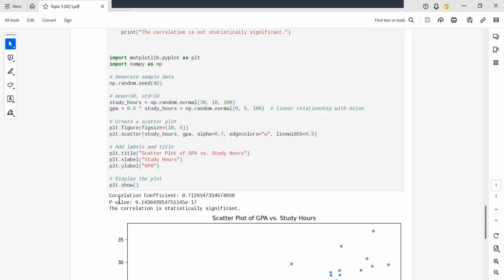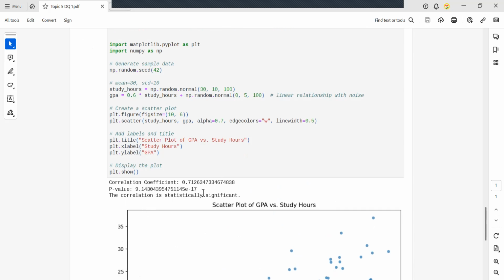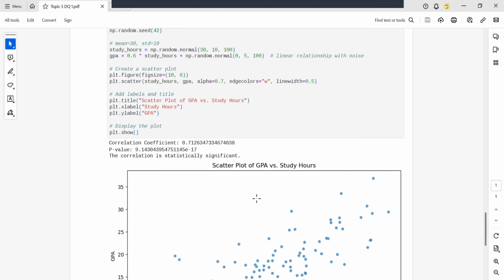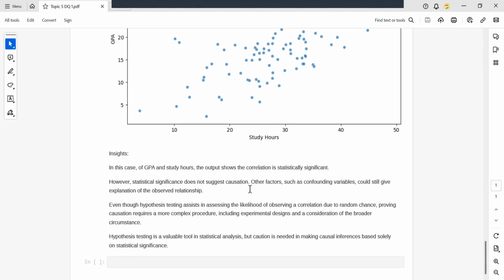With this example, I have the correlation coefficient as 0.71, the p-value as 9.1, and it shows that it is statistically significant. The insight from this is that even though it shows statistical significance here, it doesn't show causation. There are other factors that need to be considered as well.